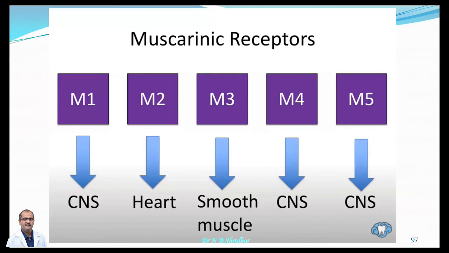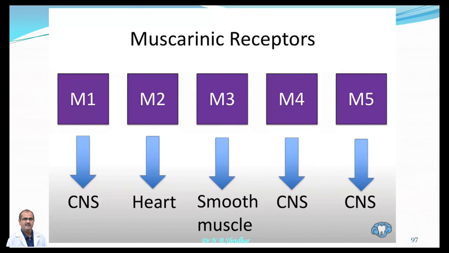Here you can see the muscarinic receptors are classified into 5 subtypes: M1, M2, M3, M4 and M5. M1 acts on the central nervous system, M2 is present on the heart, M3 in the smooth muscles of the intestine, and M4 and M5 are in the central nervous system.